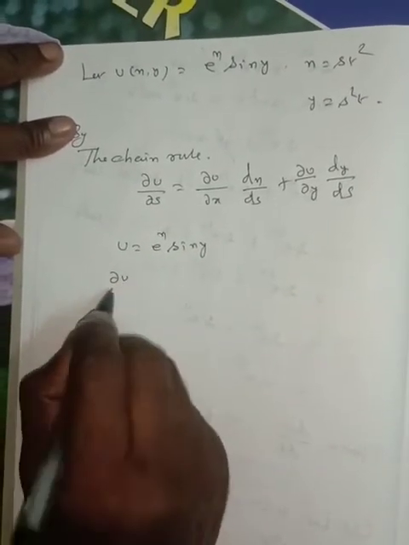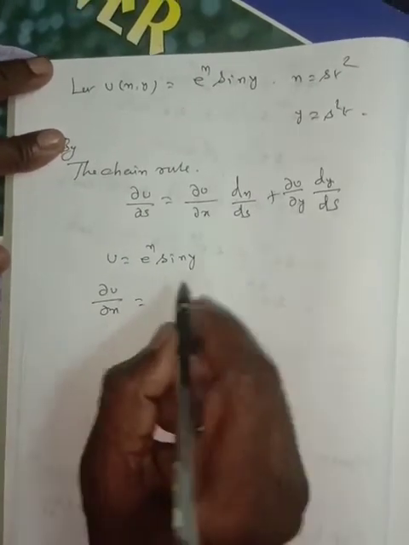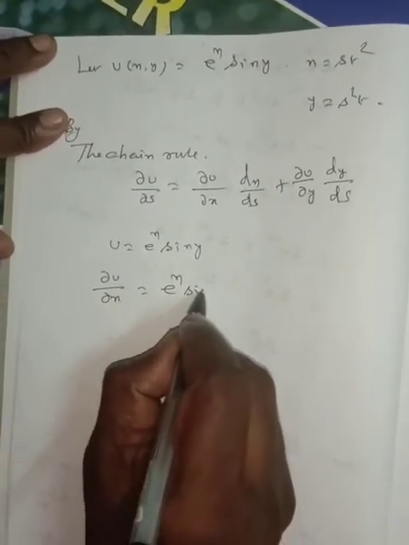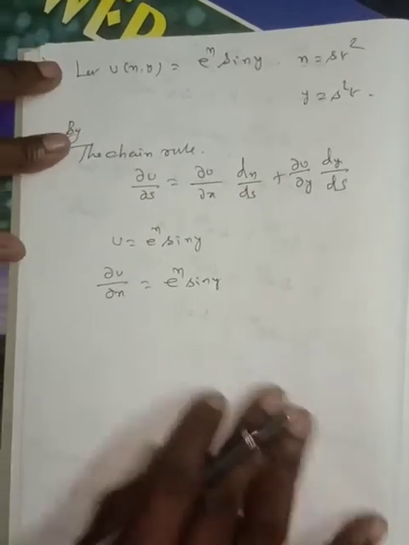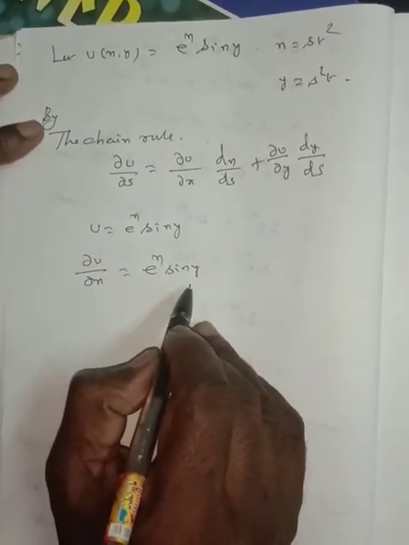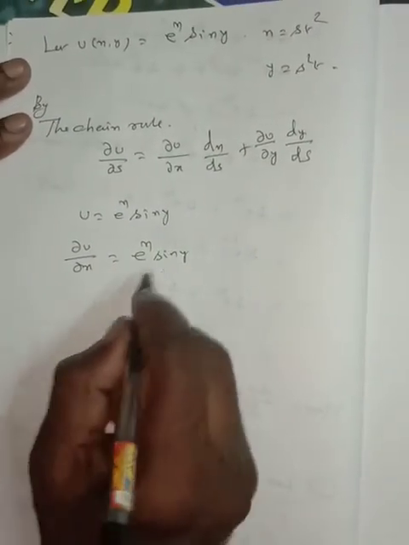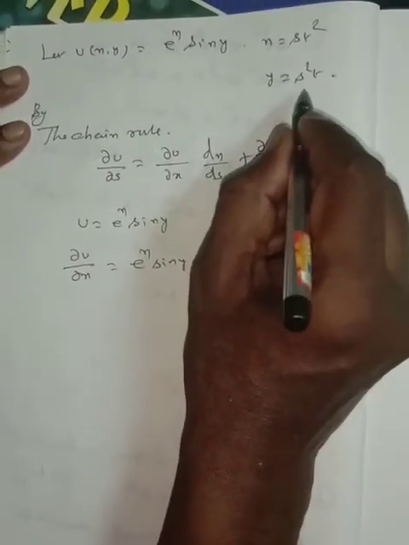dou u by dou x is equal to e to the power of x sin y. E to the power of x differentiation is e to the power of x, therefore e to the power of x sin y. But y is s square t.